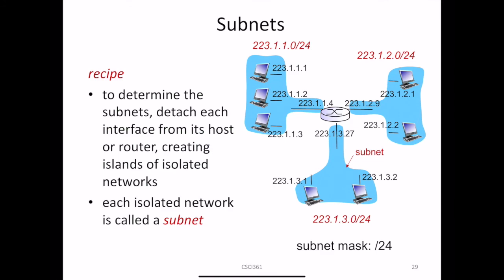If it creates islands of isolated networks, then each isolated network is called a subnet. So for example, on the right side in this figure, there are 3 subnets. If we disconnect here, here, and here, we will get 3 subnets.